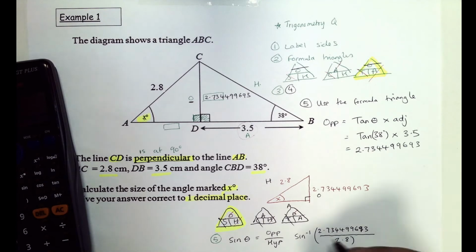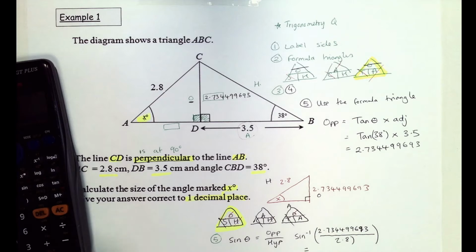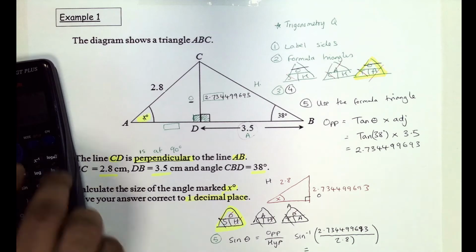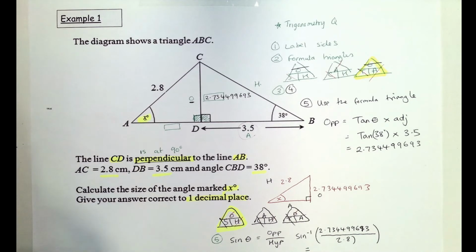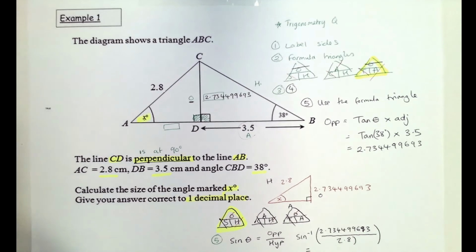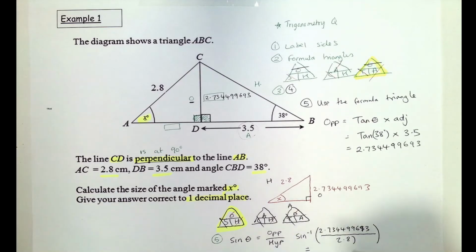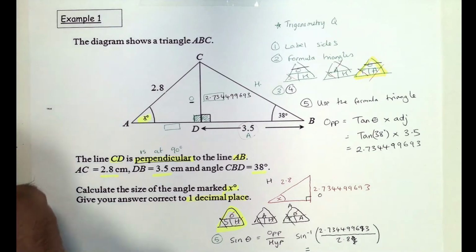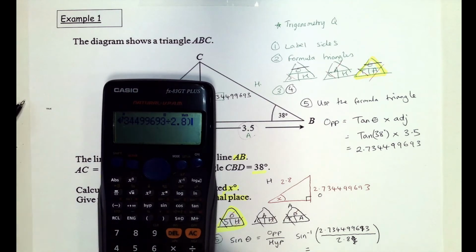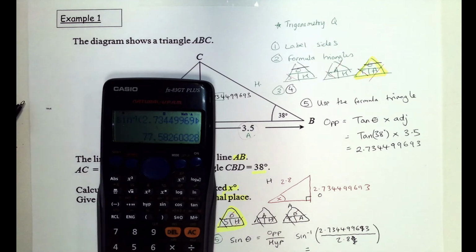And close my bracket, and my answer would be, I don't need to close my bracket there. You can use the answer key from the previous answer, whichever way you prefer.